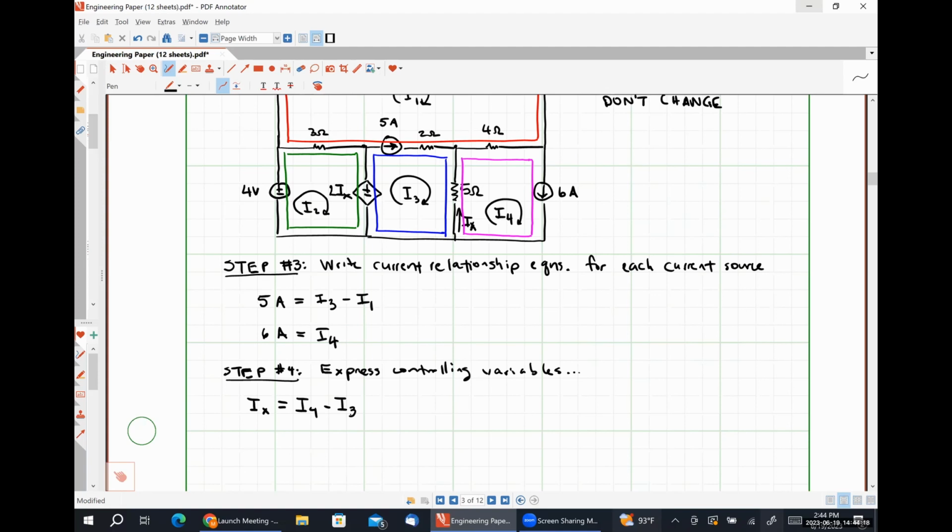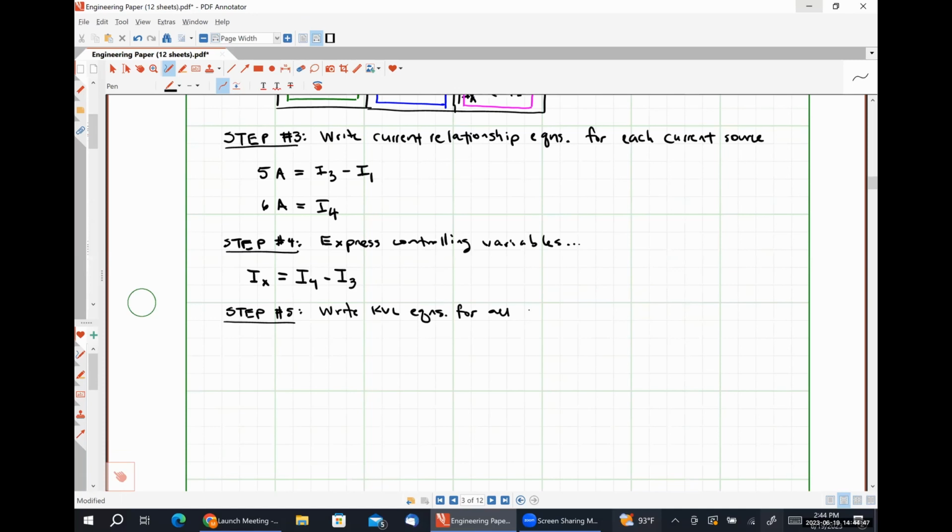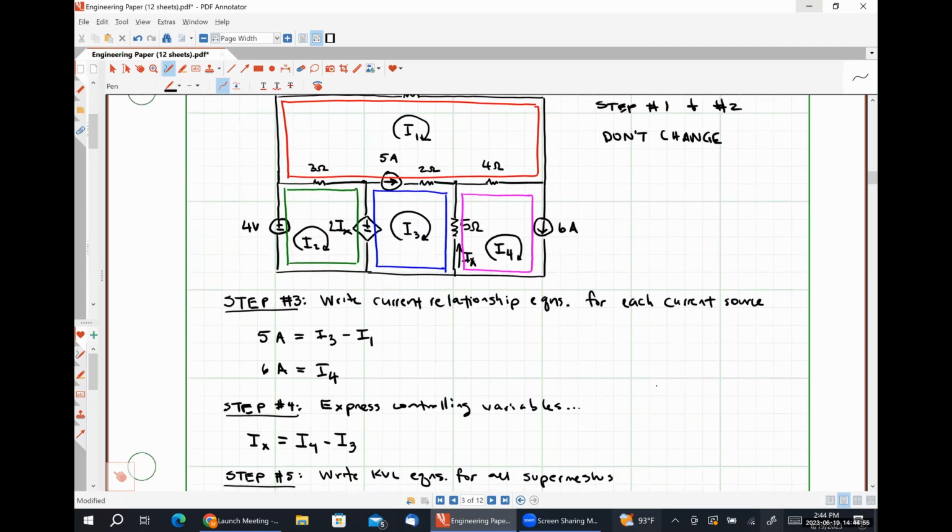So now we're going to get into the Kirchhoff's voltage law portion. Okay, so the first thing that we're going to do here is we are going to write KVL equations for all super meshes, which means I need to explain what a super mesh is.